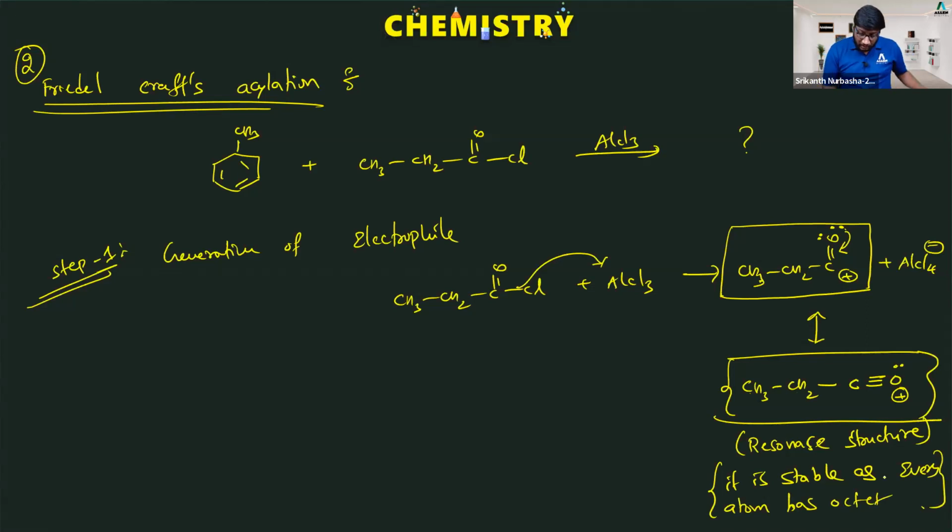So in that case, we will be having this pi electron density, and CH3. Is CH3 an ortho para directing group or a meta directing group? Ortho para. Why is it an ortho para directing group? Yes, Muskan, any doubts?